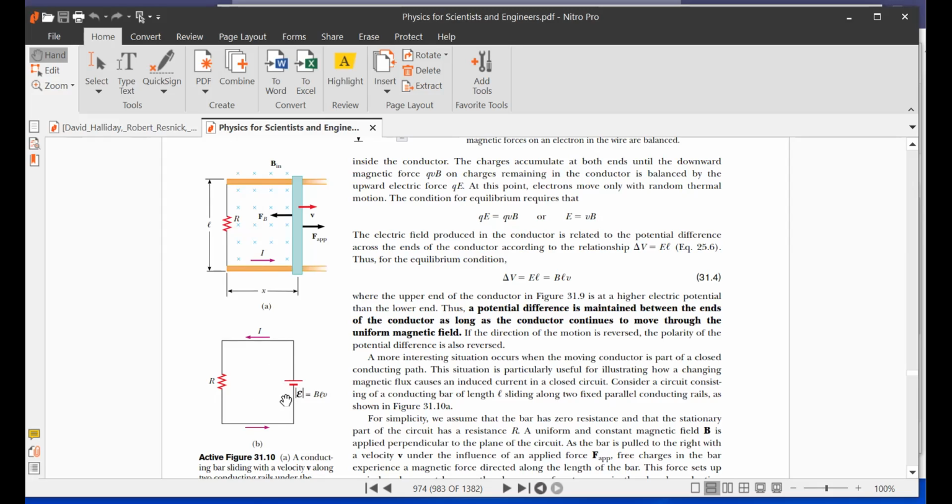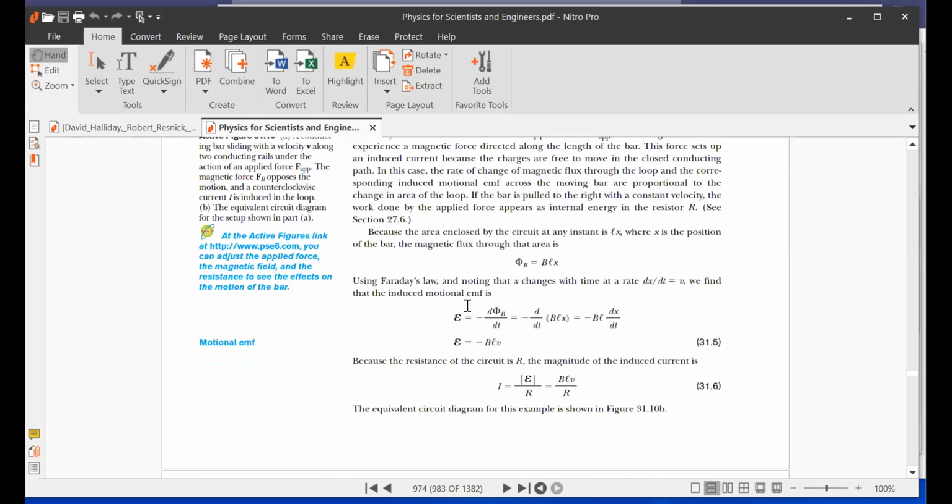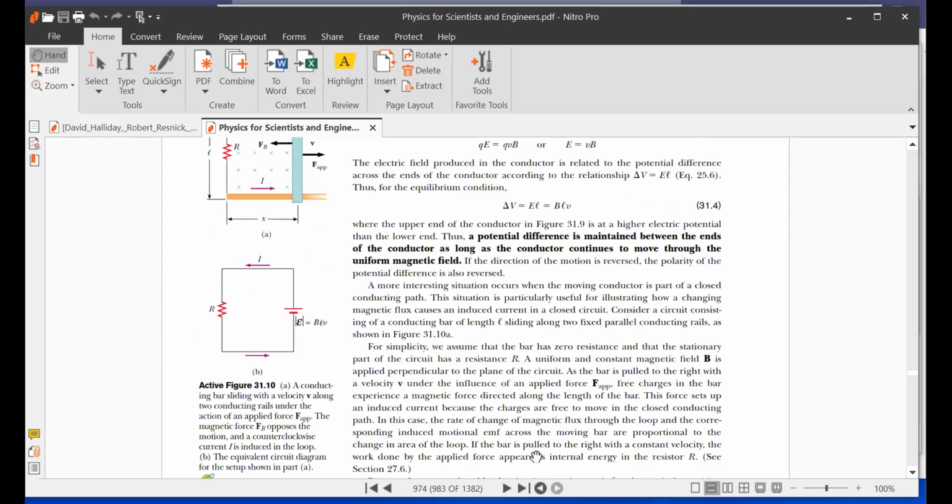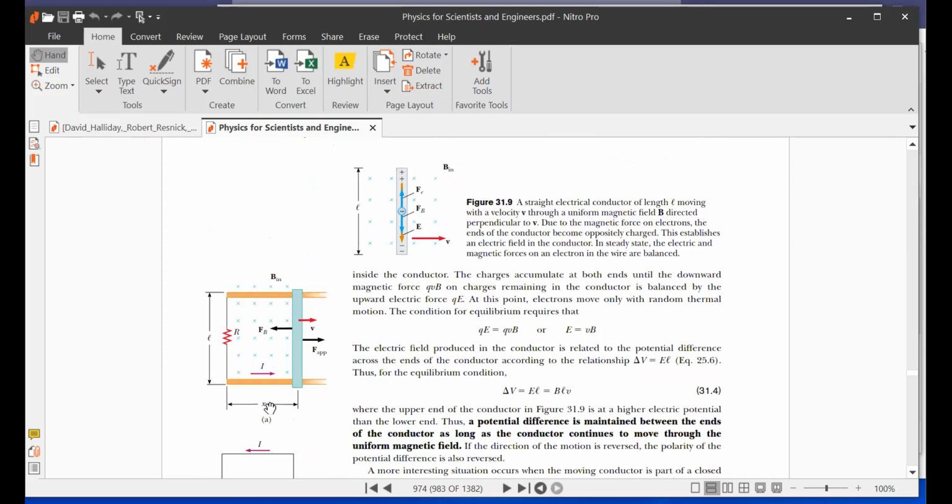We could think of this rod as a battery whose potential difference has magnitude BLV. This could also be written as BLx, where x depends on time.